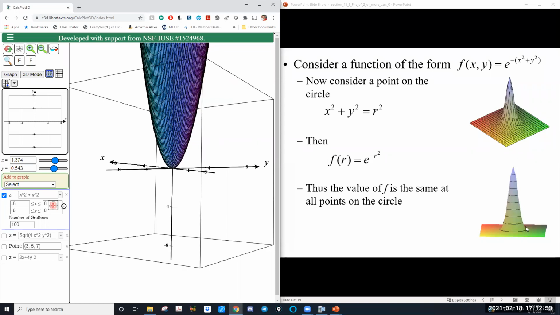So here's a nice drawing of the circles. Any of these circles are the same z value, the same height above, or if it opens downwards, below the xy plane. This is referred to as circular symmetry, and you would recognize it in a function because you see an x squared plus y squared component.